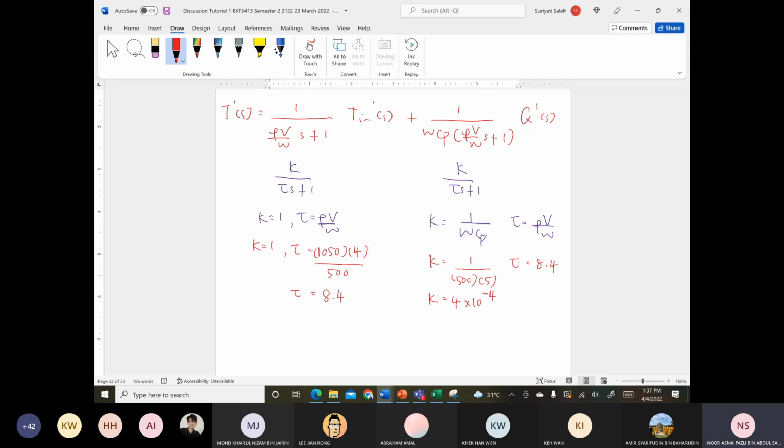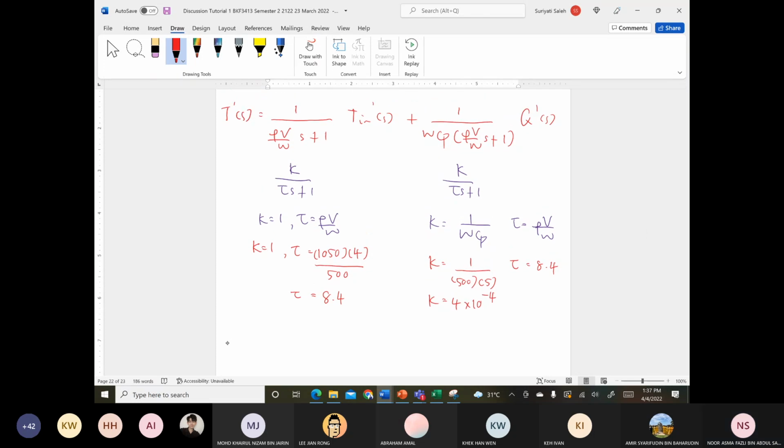So the next step is you can substitute back into the equation. T prime S equals 1 over 8.4 S plus 1, T in prime S, plus 4 times 10 power negative 4 divided by 8.4 S plus 1, Q prime S. Alright.